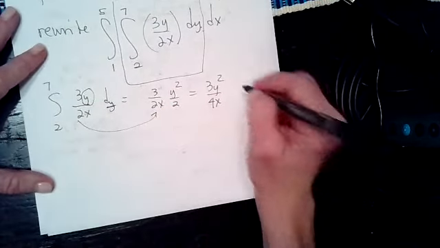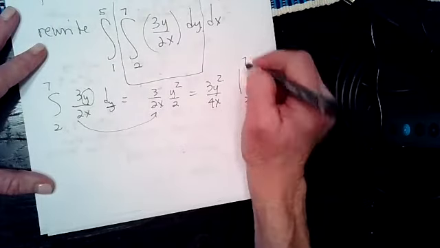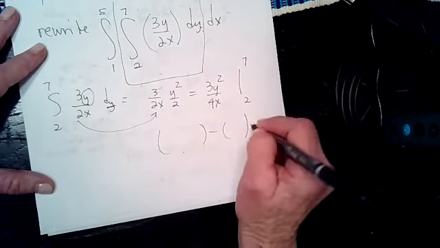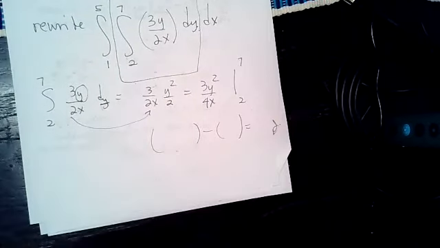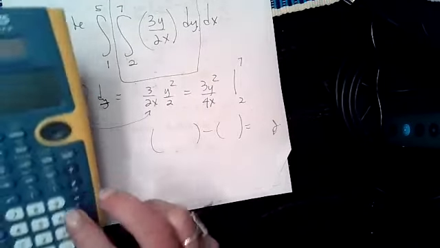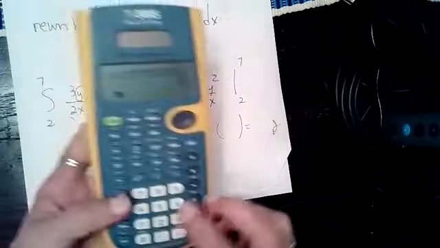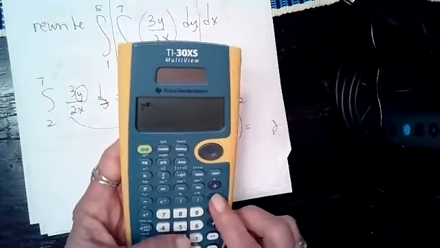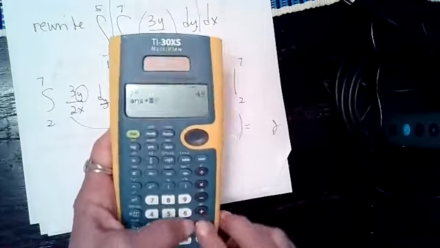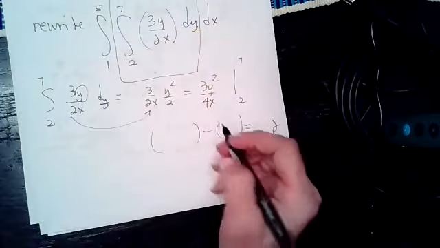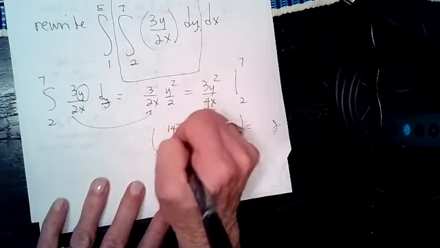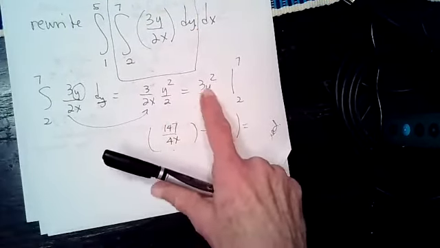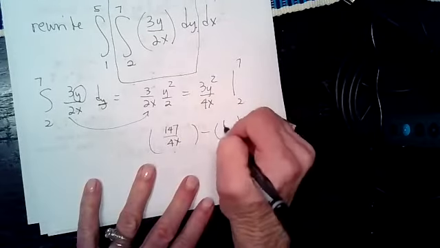Okay, all right, so I evaluate it from 2 to 7. So 7 squared times 3 is 147 over 4x. And then 2 squared is 4 times 3 is 12 over 4x.